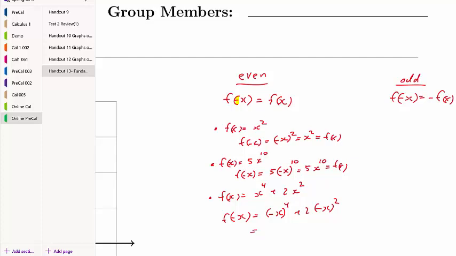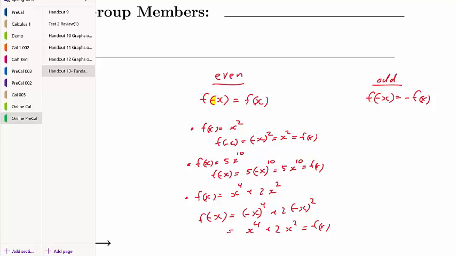Right, so this negative x to the 4th simply becomes positive x to the 4th plus 2 times positive x squared, which again is our original function. Alright, that handles even.